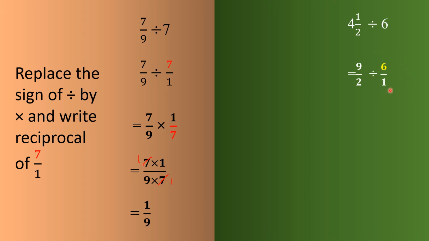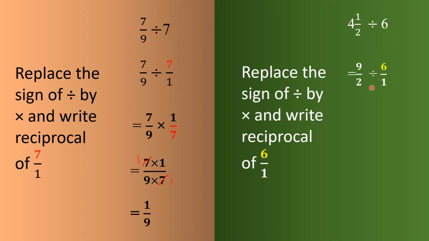Now, the next step will be we will replace the sign of division by multiplication and we will find the reciprocal of 6 by 1 and write that. So, the reciprocal of 6 by 1, just exchange the numerator and denominator. So, it will be like this: 9 by 2 instead of division, multiplication, and 6 by 1 will be 1 by 6.